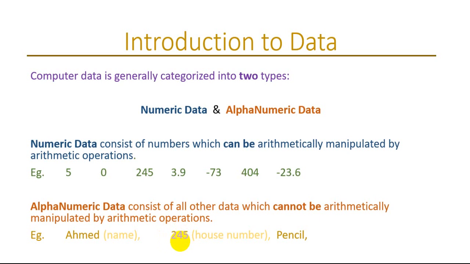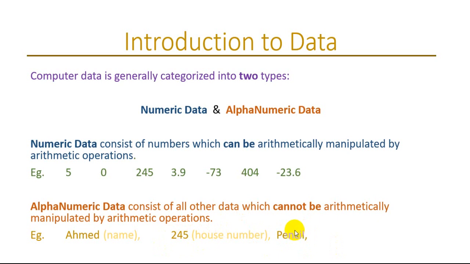You never do that. House numbers are just a kind of code to identify a place. They don't tell you any number-wise value, big or small or anything like that. It's just a code, so that's another alphanumeric data.